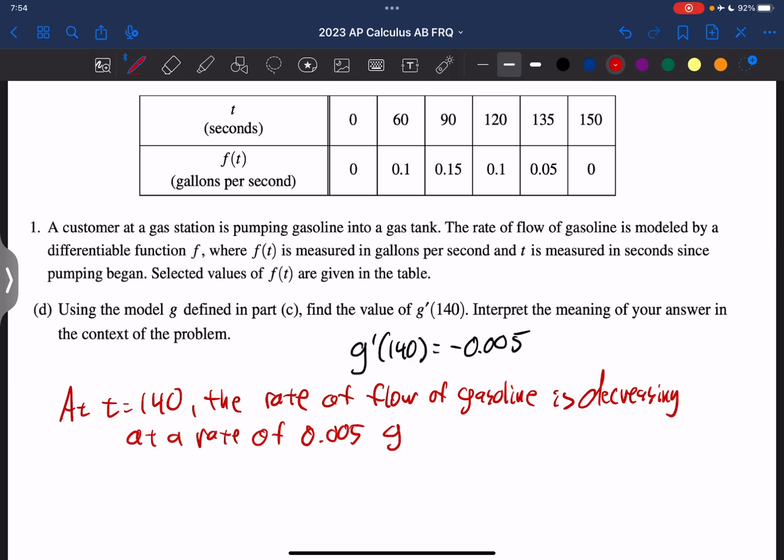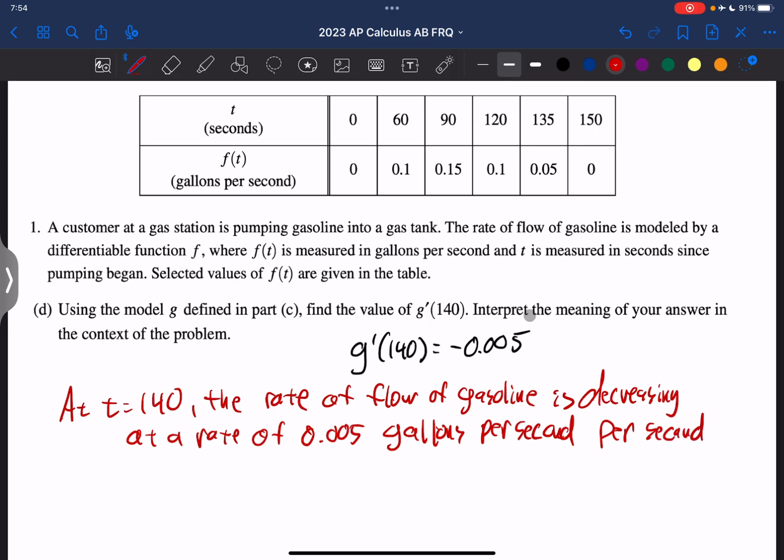Now, g and f were in gallons per second. But now this is the rate, that rate is changing per second again.